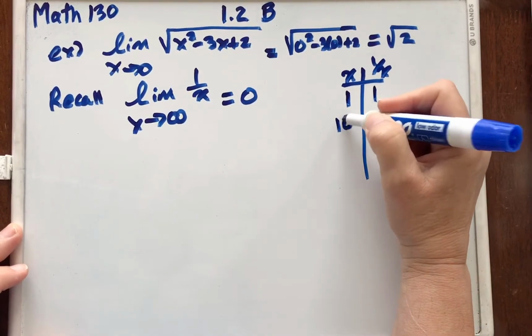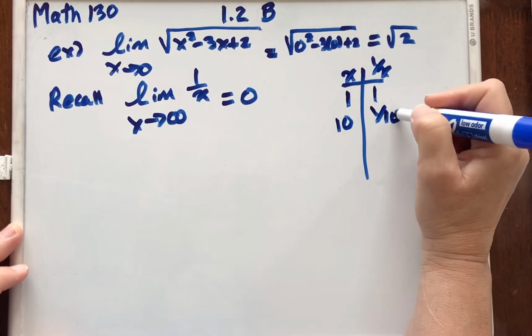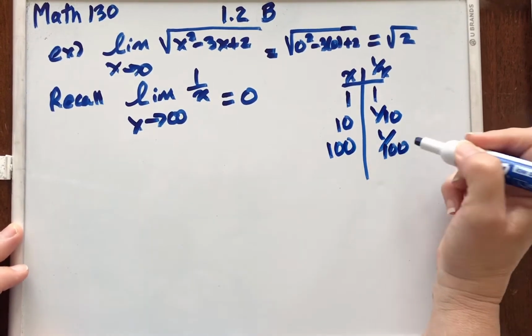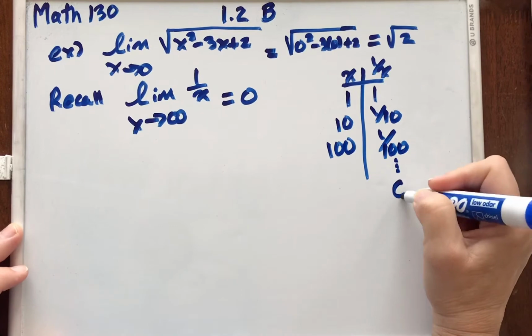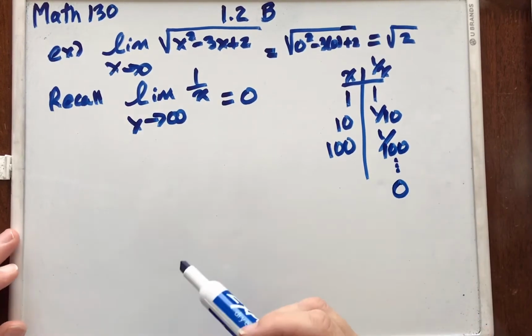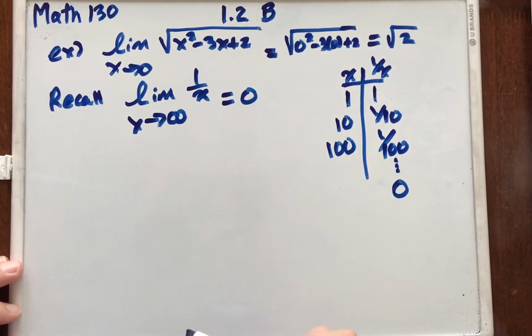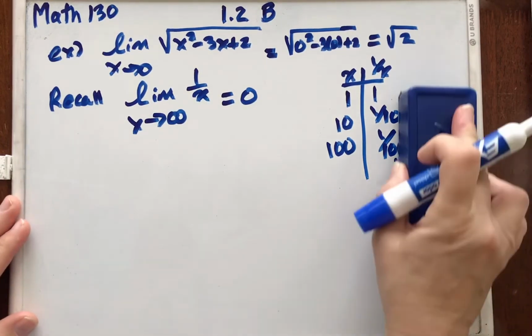If we put 10, we get 1/10. If we put 100, we get 1/100th. And we can see this is getting closer and closer to 0. So the limit of 1 over x as x approaches infinity is 0. Okay, so let's move forward. We're going to use this concept in solving some other problems.